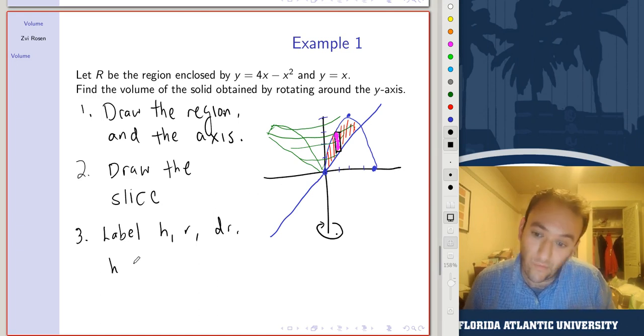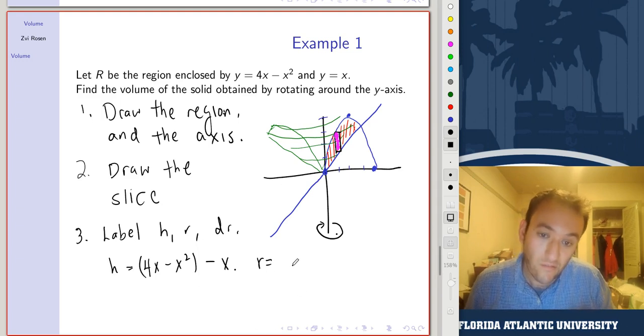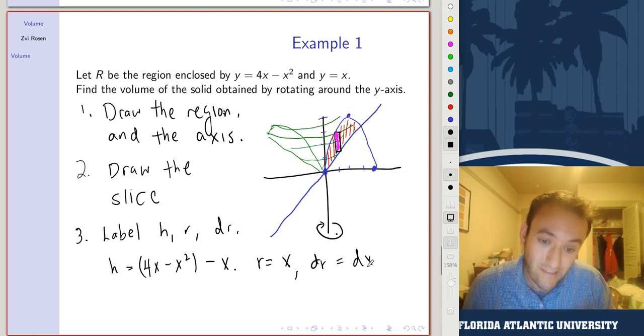To get the height, we subtract the lower y value from the higher y value. The higher y value is 4x minus x squared, and the lower y value is x. r is going to be x in this case because it's the distance from the y-axis, and dr is going to be dx.